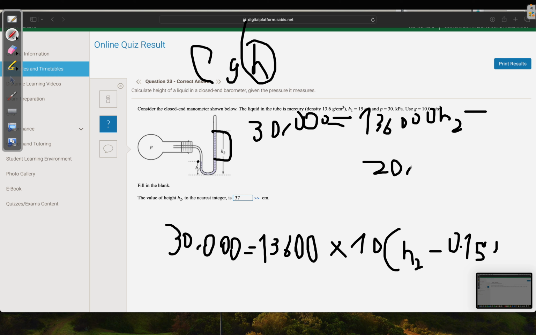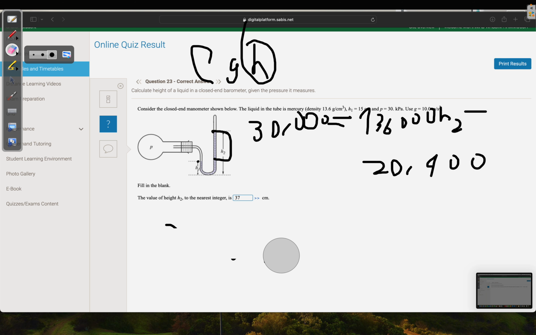Now we're gonna have to take 20,400 to the other side, which will give us 50,400.